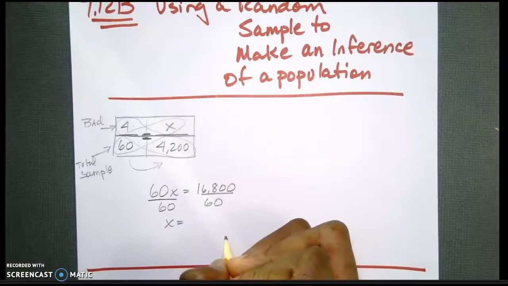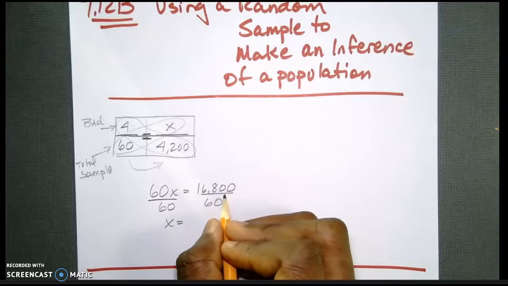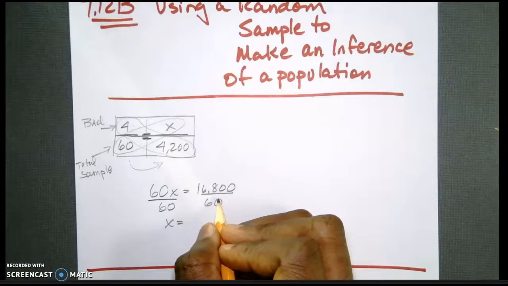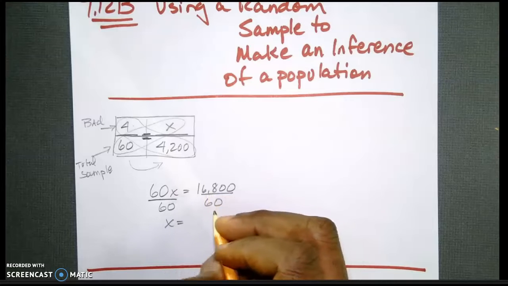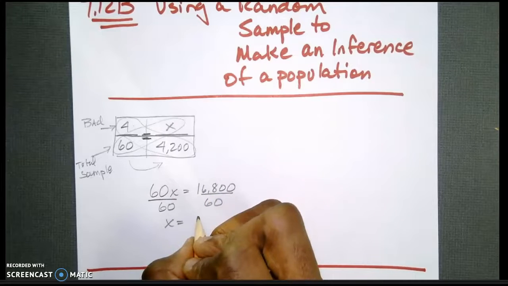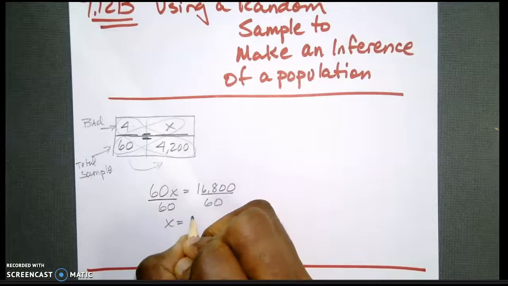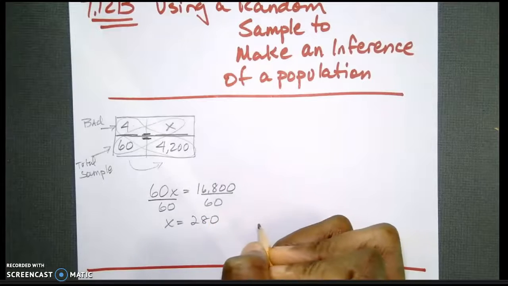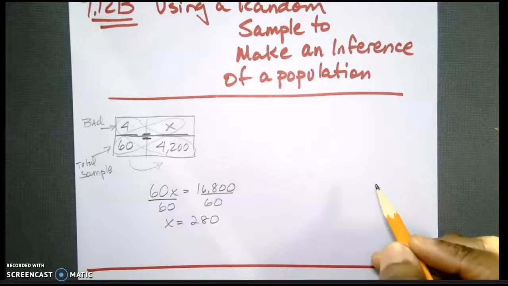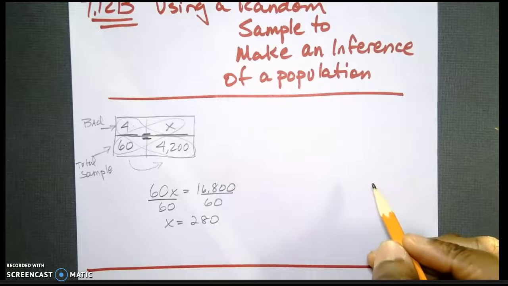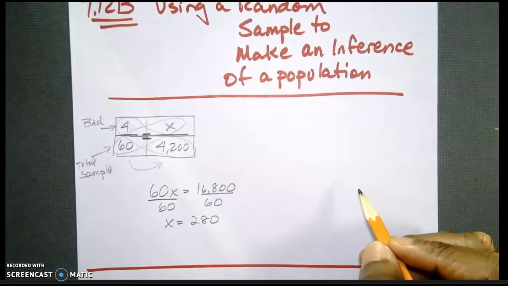This becomes 16,800 divided by 60, through the power and magic of YouTube. When I divide these two out, that gives me 280.